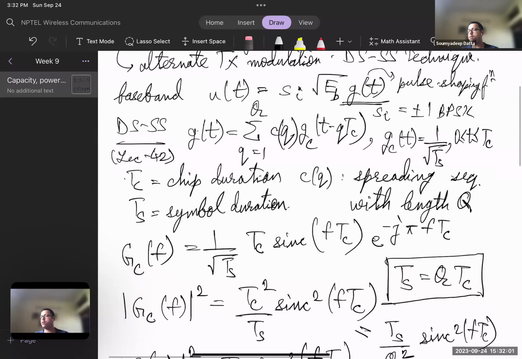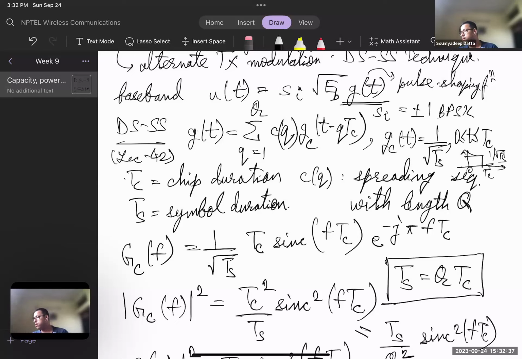What this does is that this has a peculiar structure, where you are using these chips, this basic modulating signal gc(t), which in the time domain is just a rectangular pulse, something like 1 by root over Ts from 0 to Tc. We are familiar with this kind of rectangular signal, right? And then we are multiplying these signals and shifting them.